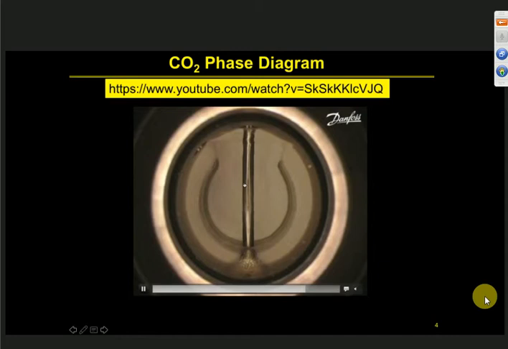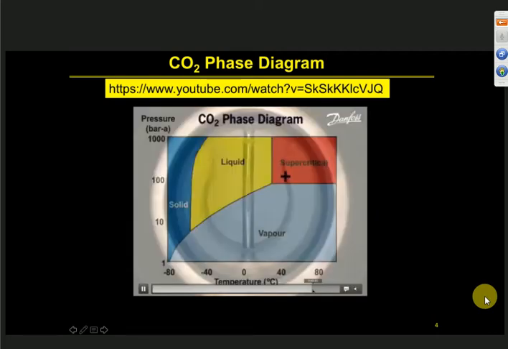So that means there is no distinction. It is like a single fluid phase. At the critical point, 73.6 bar and 31 degrees C, you won't see the phase boundary. So we are in the supercritical region.